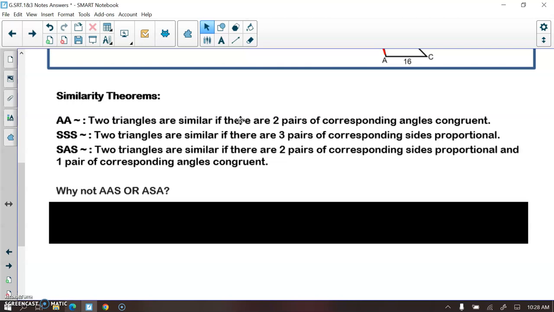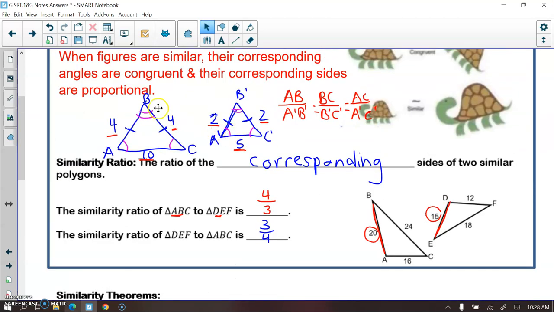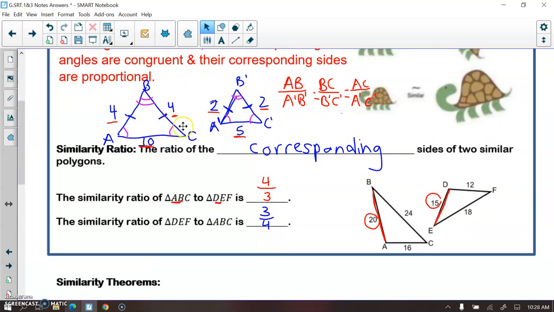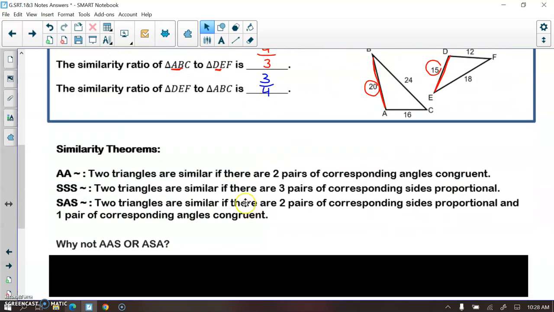SSS similarity states that if you have three pairs of corresponding sides proportional, then you can automatically say that the two triangles are similar. So originally up here, I didn't show you that the angles were congruent. I just showed you that I had three pairs of corresponding sides proportional. And so I could have automatically, without even knowing the angles were congruent, said that these triangles were similar.